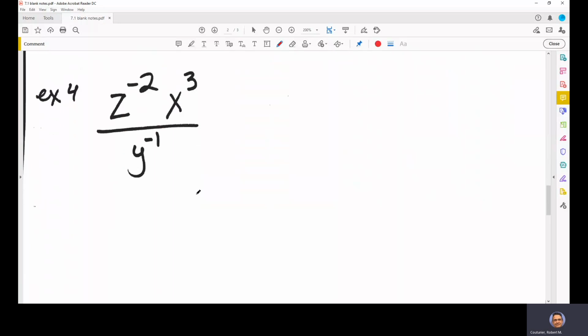Example 4. Well, now we're talking, look, we got a fraction. We have 3 different variables, and we have negatives in both the numerator and the denominator and a positive power. First thing we have to do: the negative power rule states take the reciprocal and then that power becomes positive.